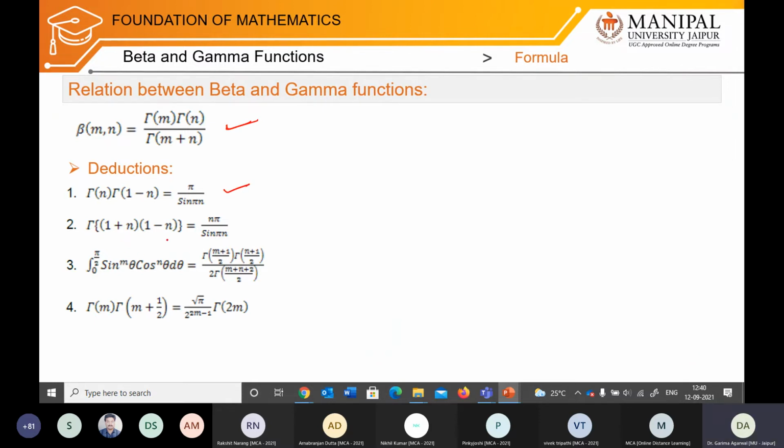Gamma 1 plus n, gamma 1 minus n is n pi upon sine n pi. Integration 0 to pi by 2 sine raised to m theta cos raised to n theta d theta is gamma of m plus 1 by 2, gamma of n plus 1 by 2 upon 2 gamma of m plus n plus 2 by 2. Gamma n, gamma n plus half is root pi upon 2 raised to 2n minus 1, gamma 2n. This is also known as the duplication formula.